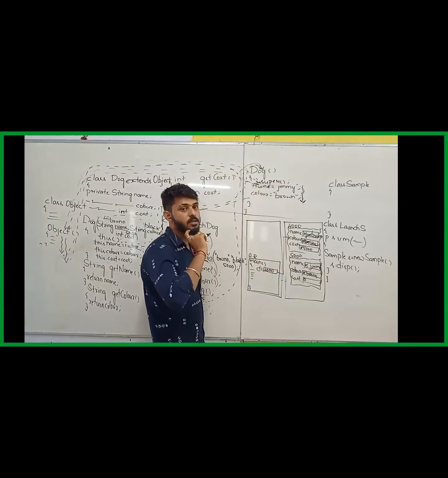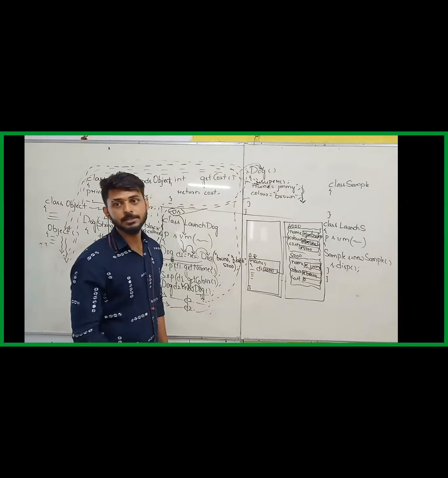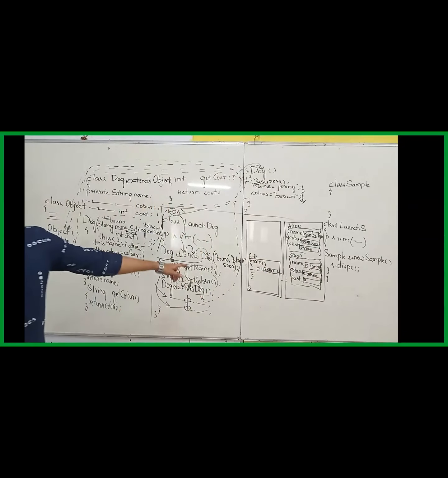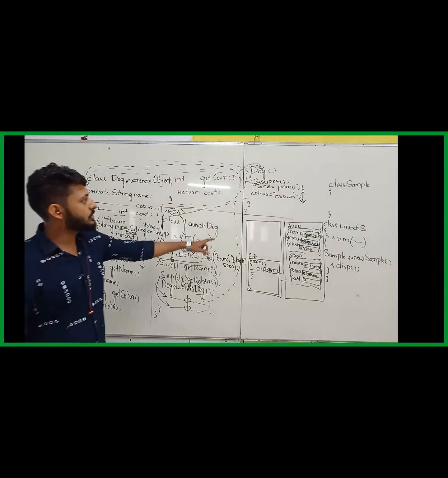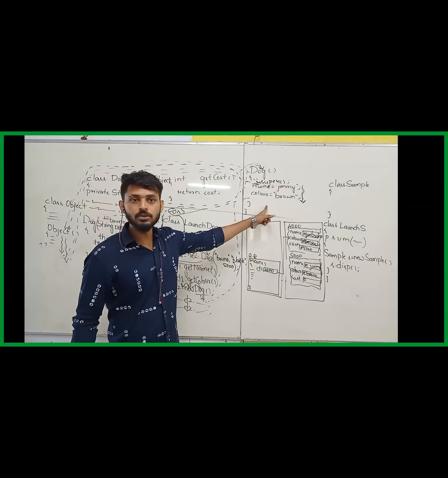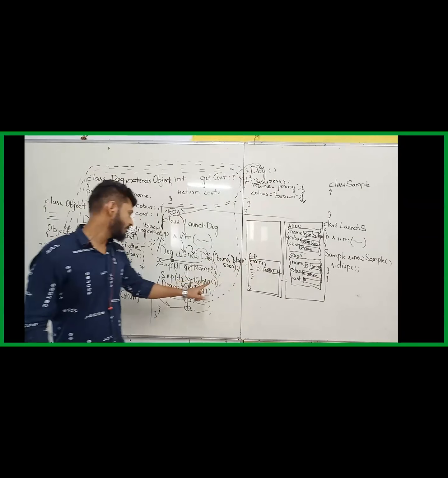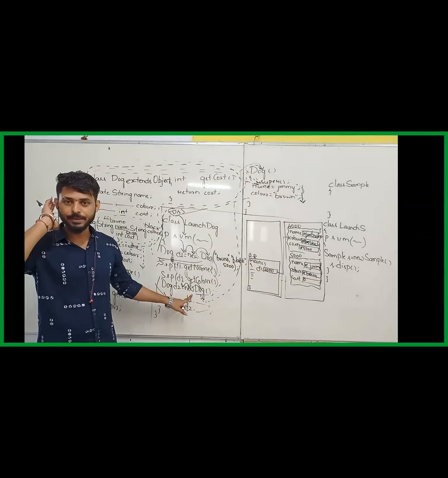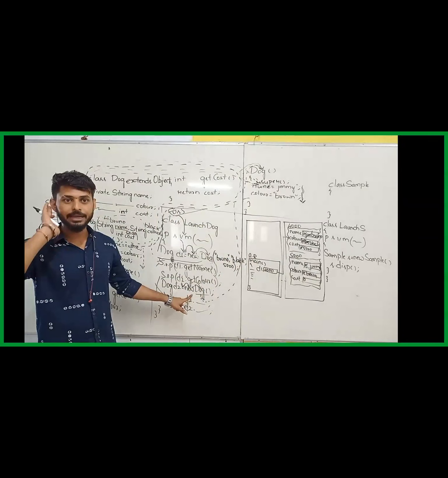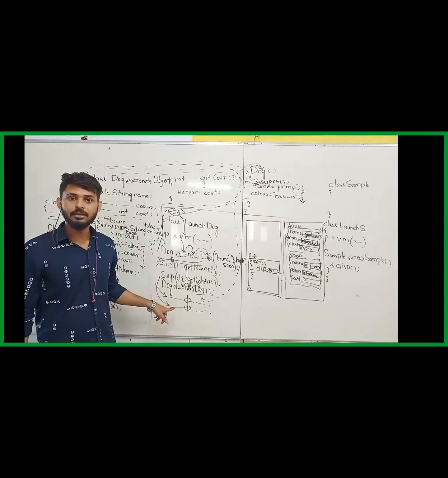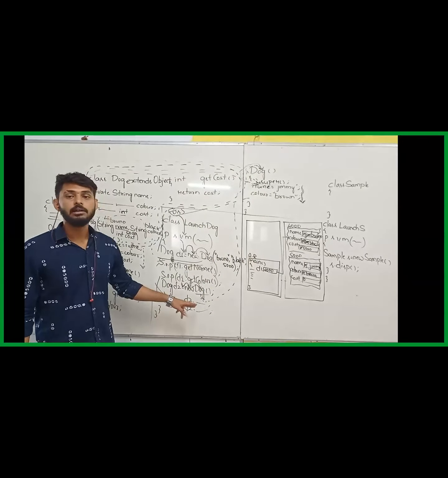Yes. Is there any more statements here? No. So it will come back to here, the same place, create the reference, and then go for the remaining statements, that is d2 dot get name, d2 dot get color.